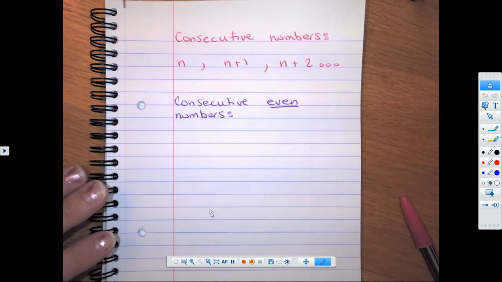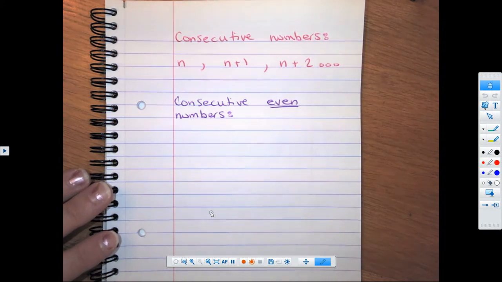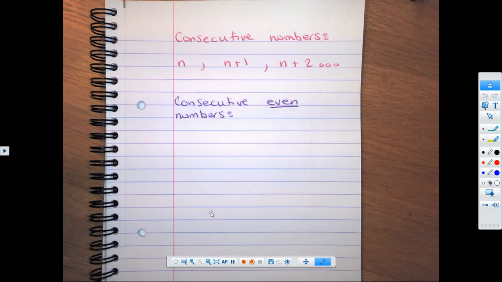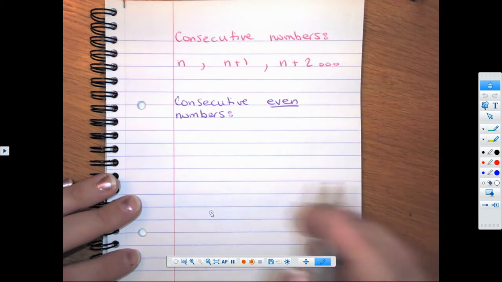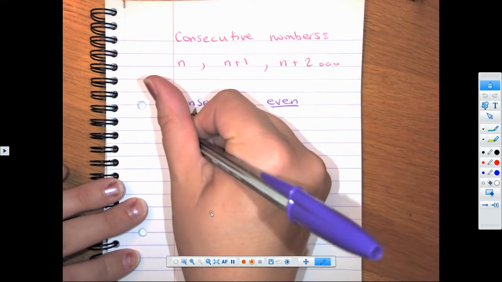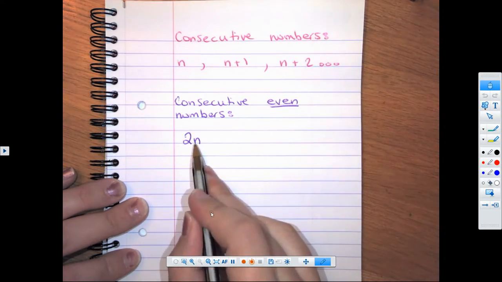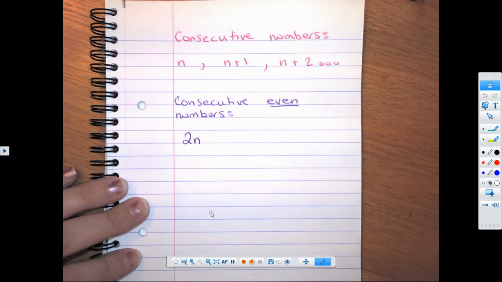And if they ask you for consecutive even numbers, they have to be divisible by 2, and they also have to be 2 apart. So we know that 2, 4, 6, 8, those numbers are consecutive even numbers. So we have to mirror that in our generalizations. So the first one's going to have to be 2n because that's divisible by 2. If I want to carry on from there, I'm going to have to keep adding 2.